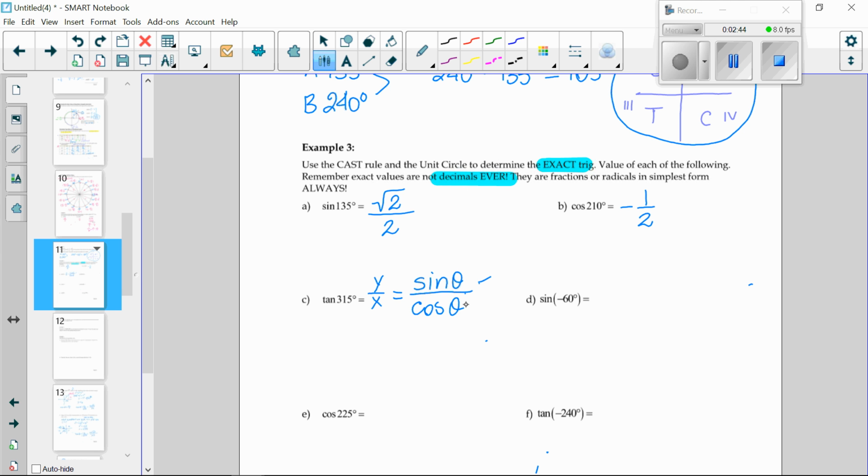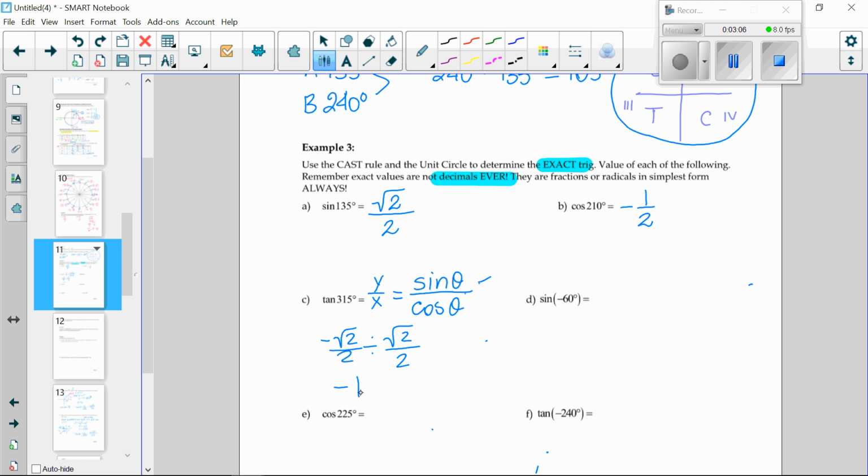So tan of 315 degrees is negative root 2 over 2 divided by positive root 2 over 2, because cos is positive in quadrant number 4. That means that our tan value is negative 1.